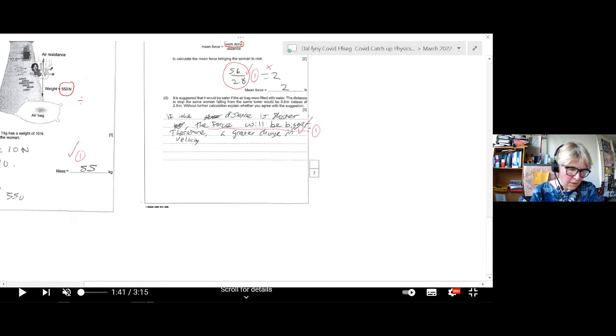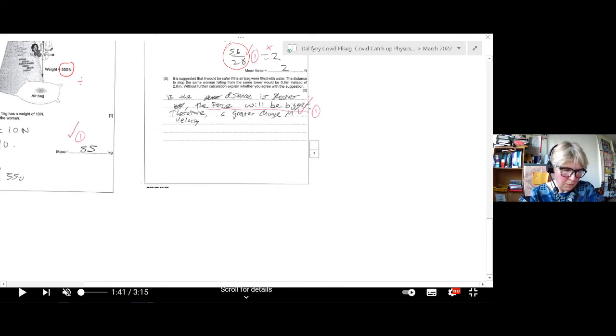It's suggested that it would be safer if the airbag were filled with water. The distance to stop the same woman falling from the same tower would be 0.8 instead of 2.8. Without further calculation, do you agree with the suggestion?